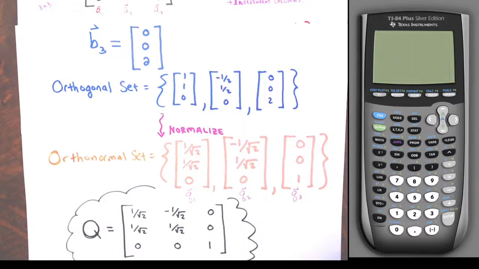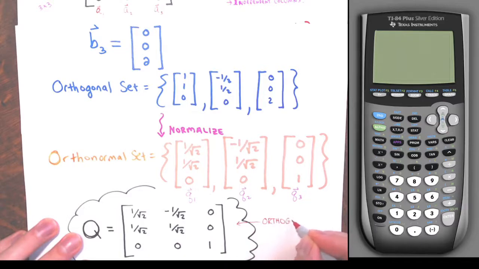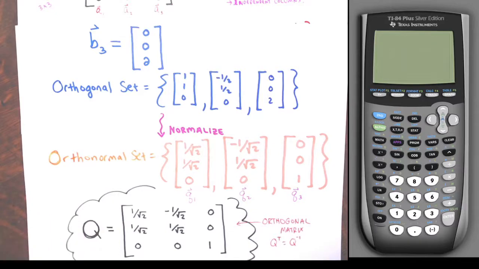This is what's called an orthogonal matrix. So that means that Q transpose is the same as Q inverse. That's what it means for a matrix to be orthogonal: its inverse is its transpose. And I leave that to you to verify.